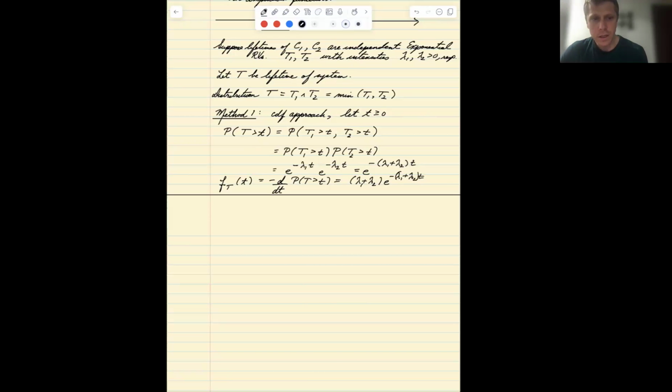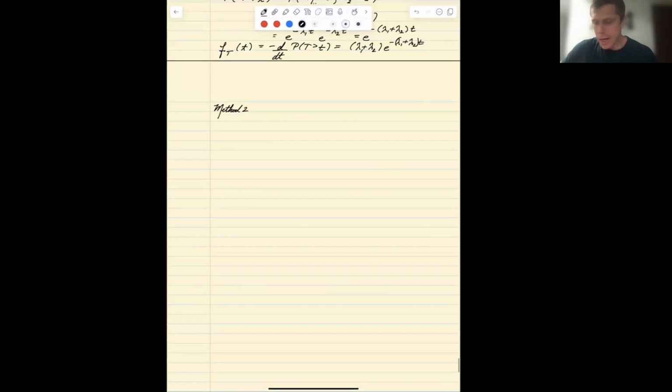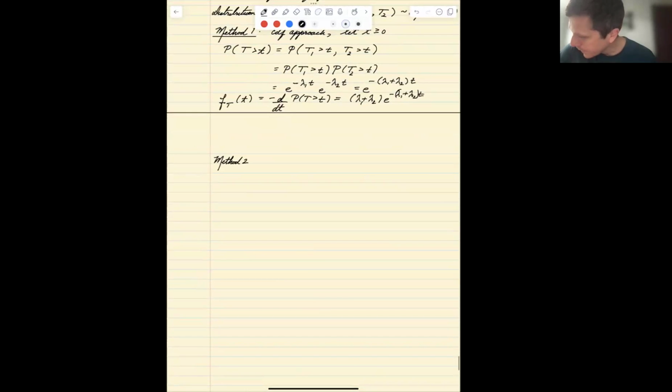So in other words, the distribution, which we've already shown in a previous example, is exponential, and the intensity parameter is the sum of the parameters of the two component random variables. So I think that's the easiest way to go, but everybody has their own opinion and their own preferences.